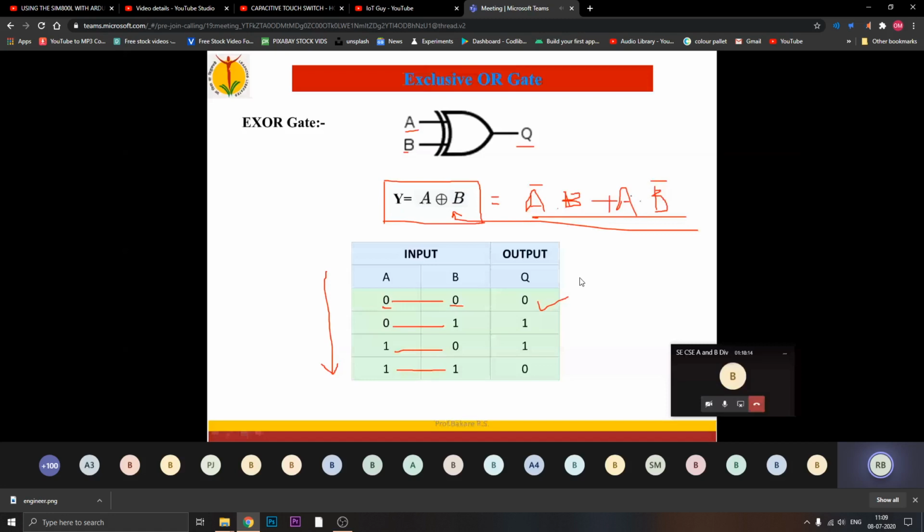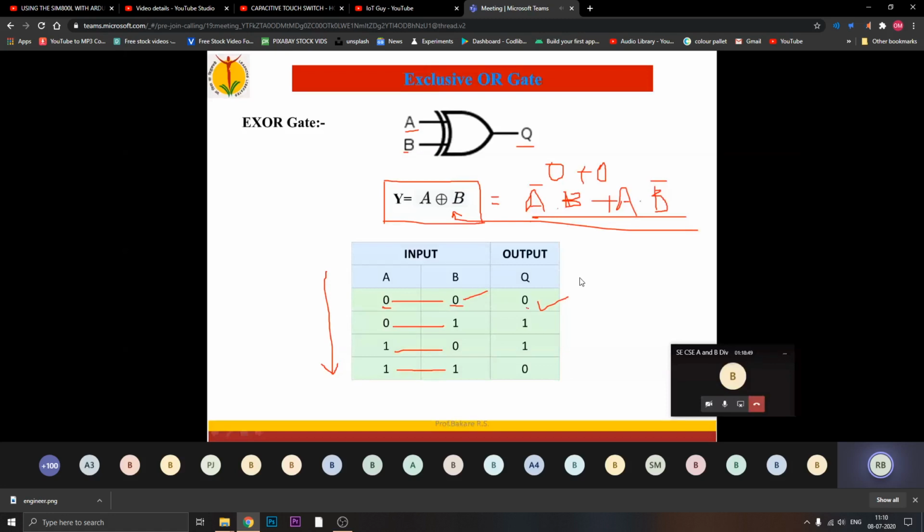See here, even if A complement gives 1, B value is 0, hence in the first term we get 0, right? In the second term, A is also 0, so even if B complement is 1, because of A the second term is also 0. So 0 plus 0, I get 0.